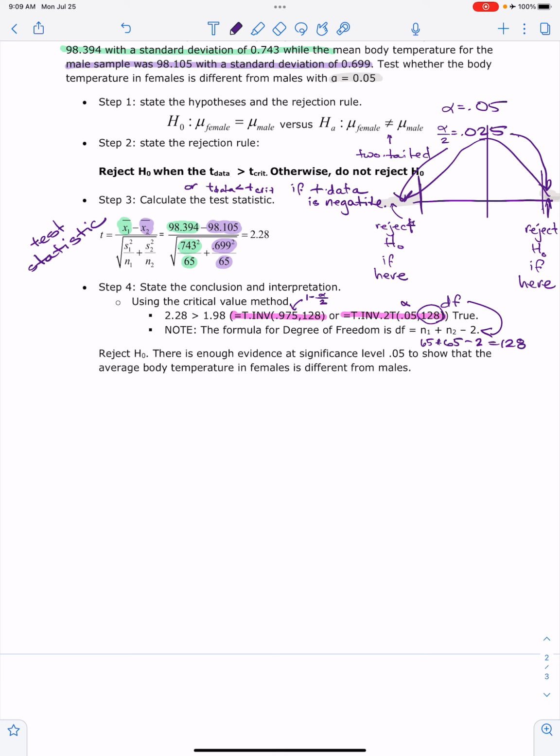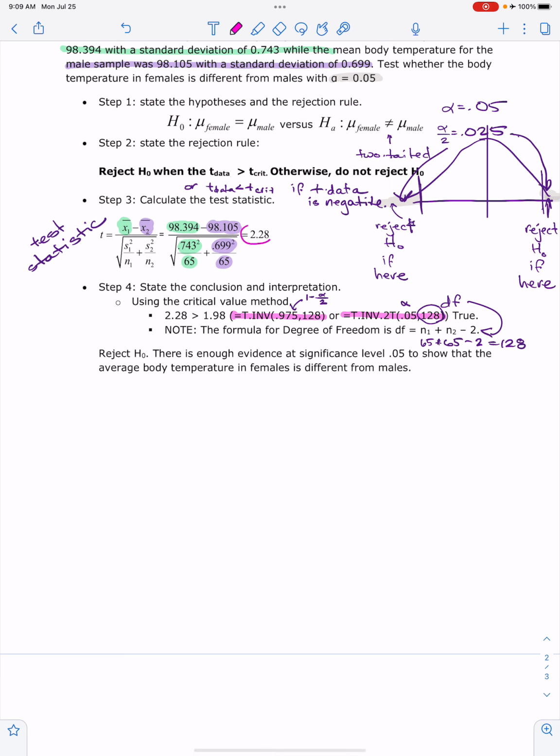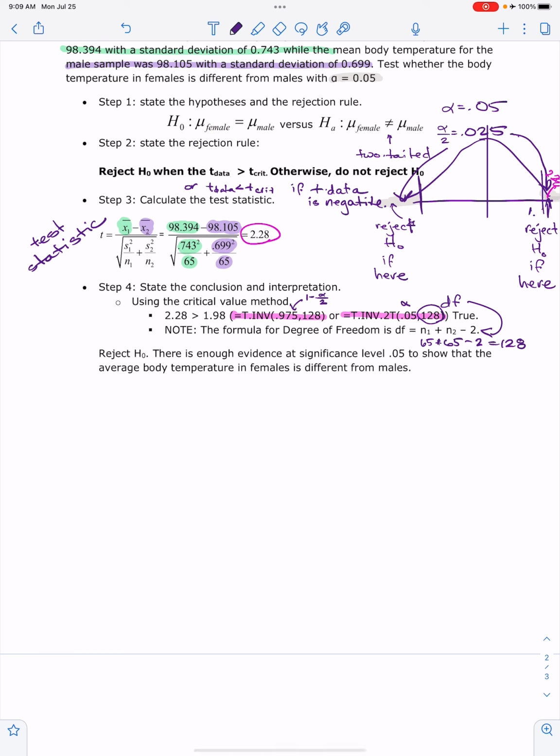Okay. Now notice, our test statistic, our 2.28, see if I can find the most obnoxious color to write it with, lies over here, because it is greater than our critical value of 1.98. So we are going to reject H naught.